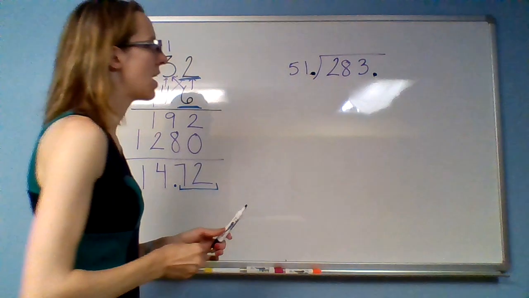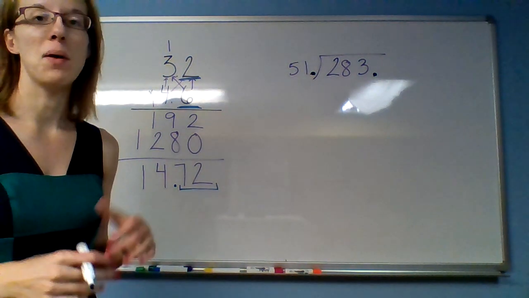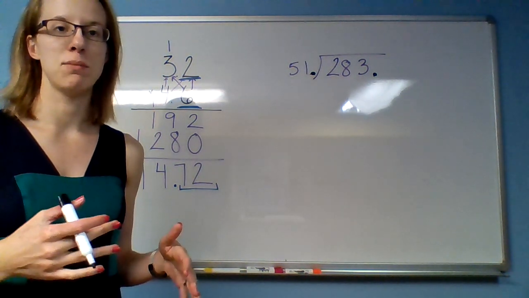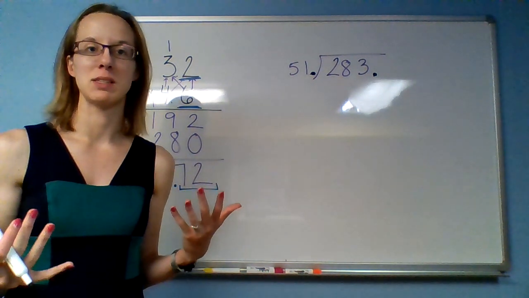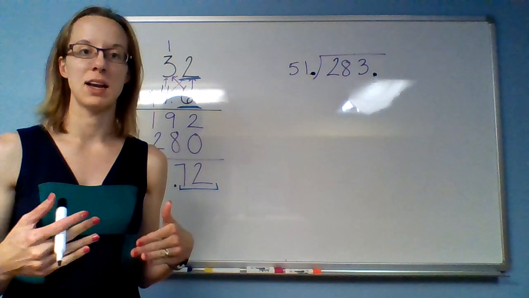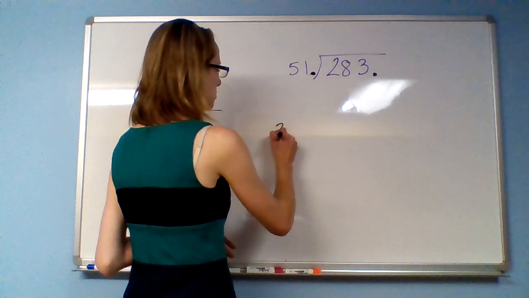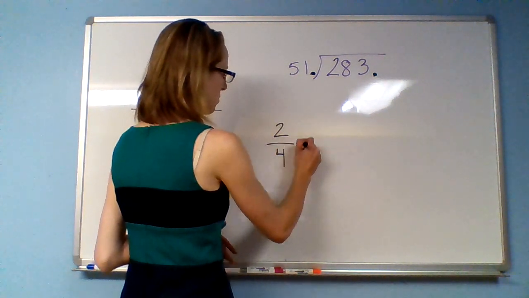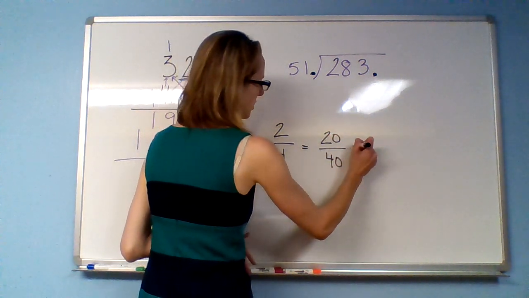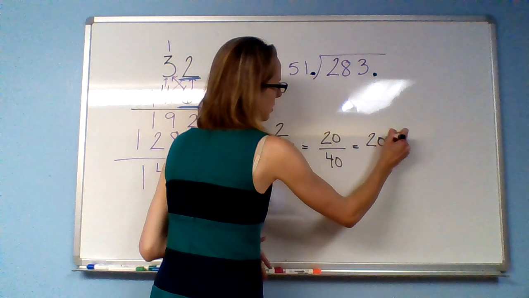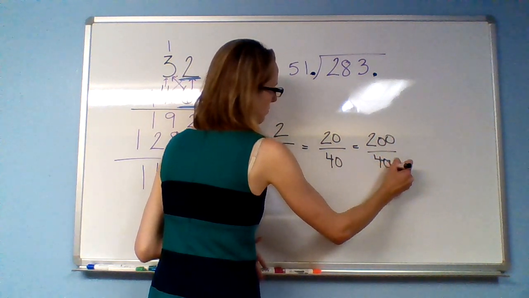283 divided by 51. I won't need to remember later that I moved those decimal points because I basically multiplied both numbers by 10. And so the division answer will be the same, right? 2 divided by 4 is the same as 20 divided by 40, which is the same as 200 divided by 400.